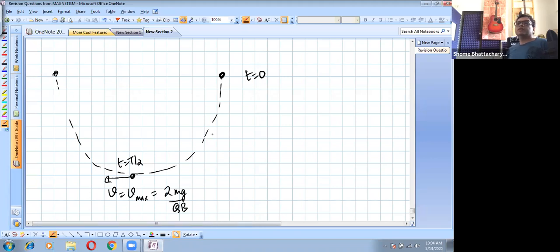Okay. So somewhere in between over here, the velocity will be v max by root 2 or root 2 times mg by qB. And at that point of time, the acceleration vector will be like this.